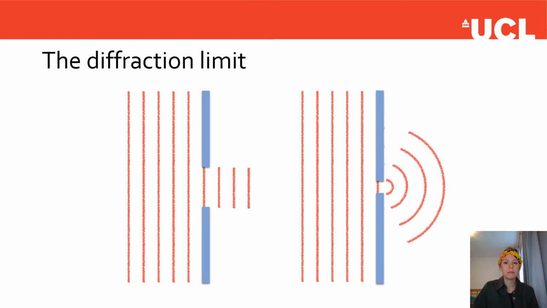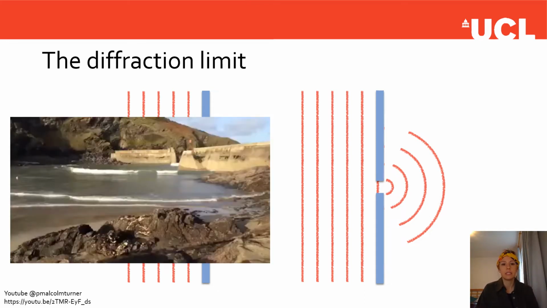However, if we start making that slit smaller, kind of towards the scale of the wavelength, then what actually happens is our wavefronts spread out, so it becomes a circular wavefront. We haven't got a plane wave incident anymore. And this happens with all sorts of waves. Any wave will do this. And here's just a really nice example of it happening at sea.